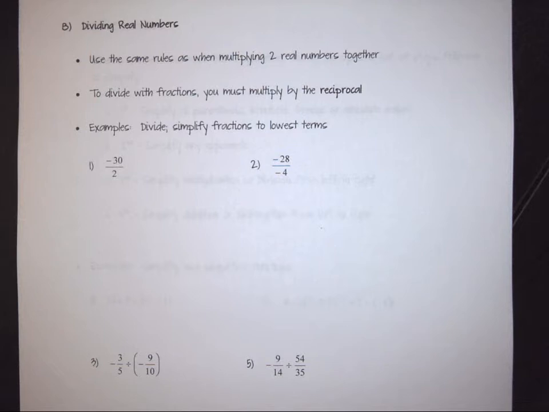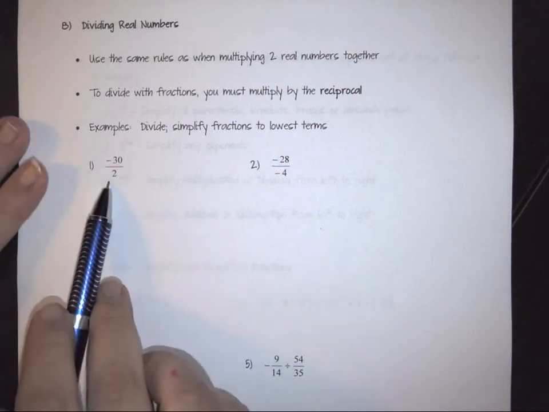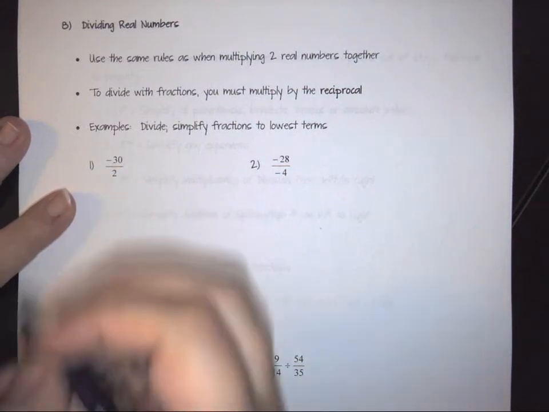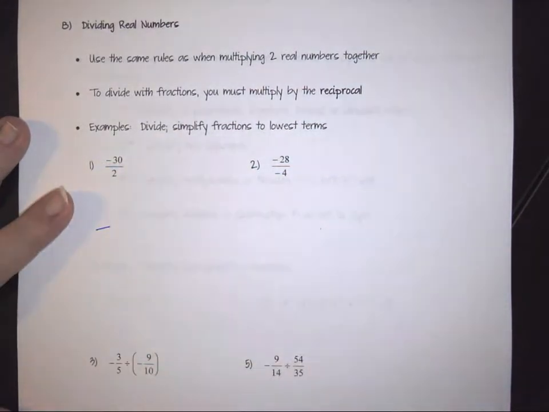In other words, if your numerator and your denominator are both negative, then your result is positive. If, however, either your numerator or your denominator is negative, your result is negative. So in this first one, notice I have one negative sign. It's in my numerator. That means my result here is going to be negative.